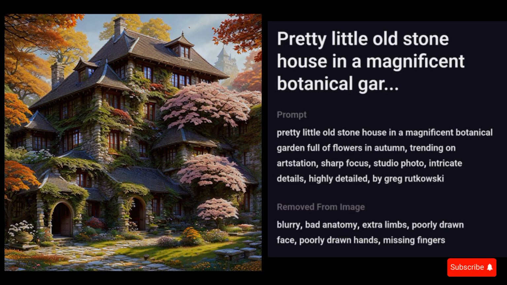Trending on ArtStation, sharp focus, studio photo, intricate details, highly detailed by Greg Rutkowski. Then, you have to remove this from the image: blurry, bad anatomy, extra limbs, poorly drawn face, poorly drawn hands, and missing fingers.